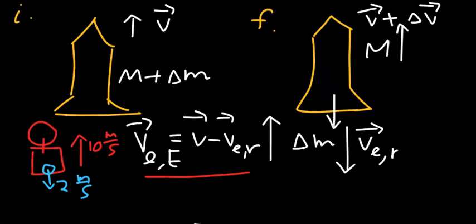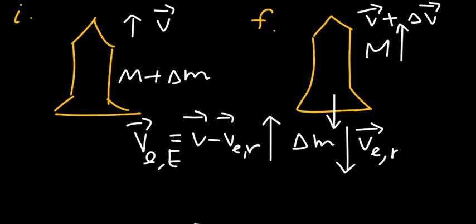However, to us, the velocity of that ball would be 10 minus 2, which is 8 meters per second in an upward direction. So the same thing is happening here. Let's not forget the effect of gravity as the rocket is launched in an upward direction. The weight of that rocket is trying to pull it downward.